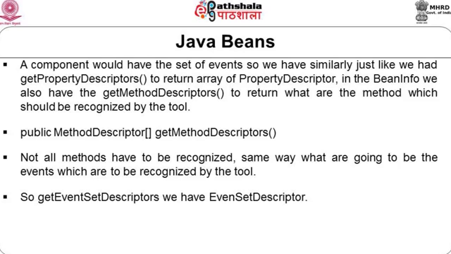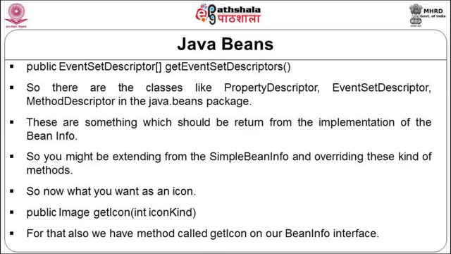In the same way, what are going to be the events which are to be recognized by the tool. So, we have getEventSetDescriptors, returning EventSetDescriptors. So, there are these classes called PropertyDescriptor, MethodDescriptor, EventSetDescriptor in the java.beans package, fine. And these are some things which have to be returned from the implementation of BeanInfo. So, you might be extending from the SimpleBeanInfo and overriding these kinds of methods.